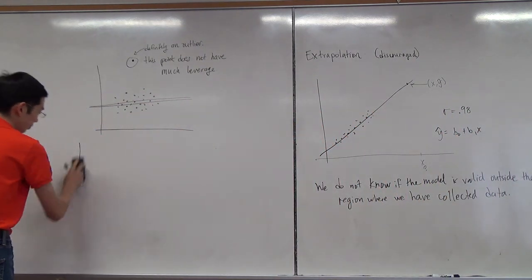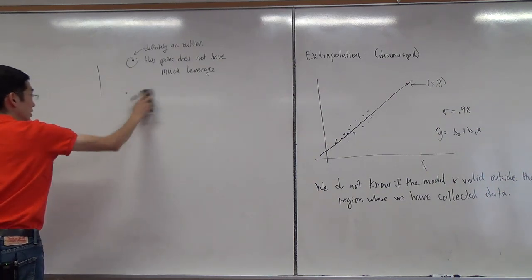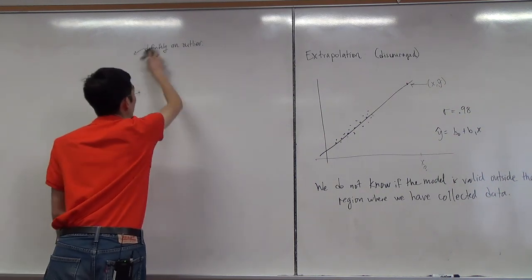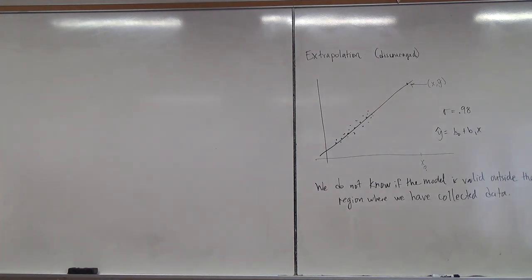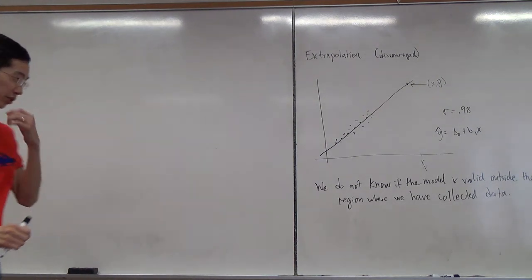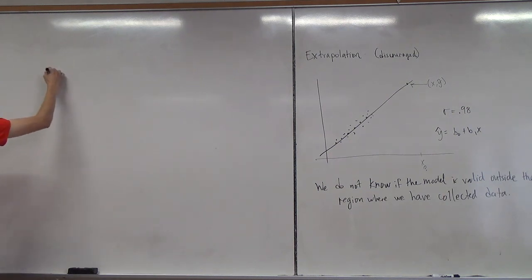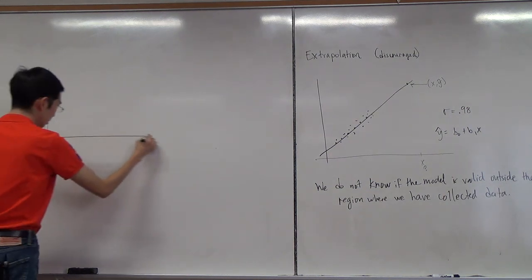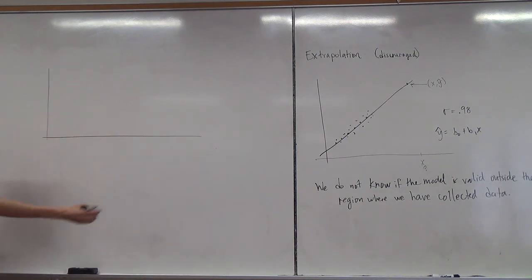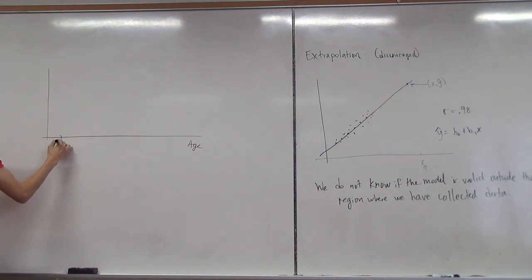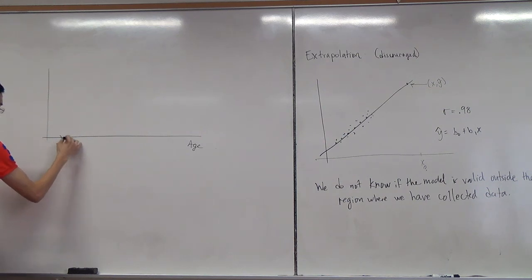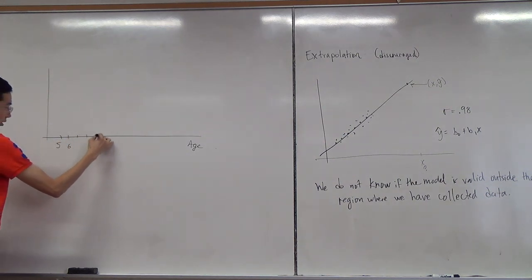A silly example would be perhaps you are looking at the heights of children at an elementary school. So you plot the age of the child, and elementary school starts around 5 or 6, and you just keep going.